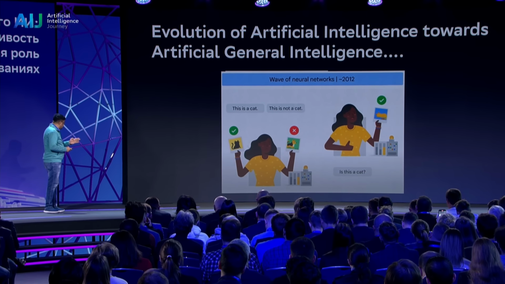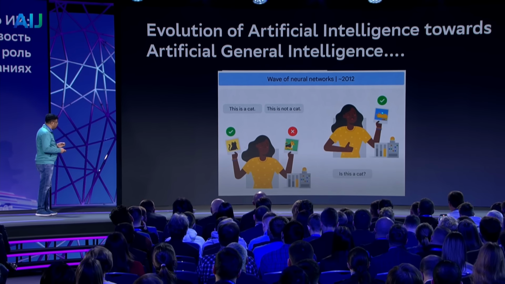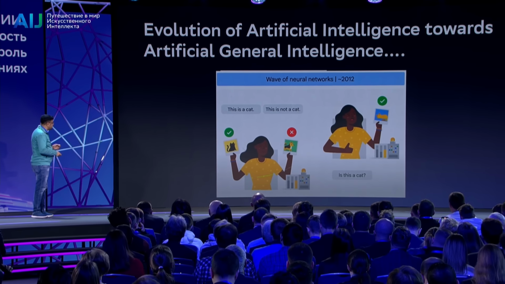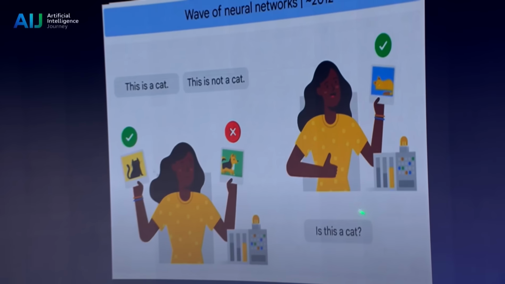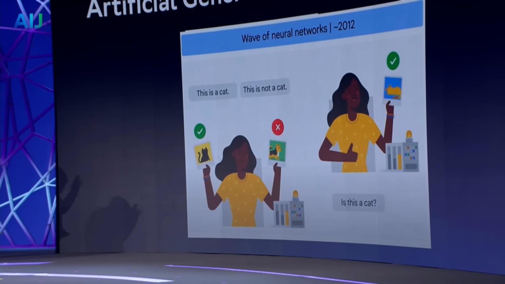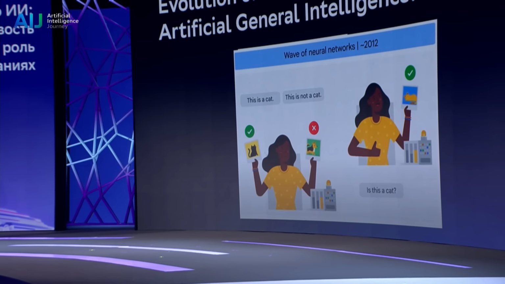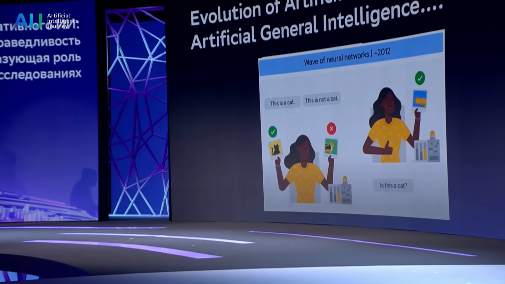Once you show all these photos of 2, 3 categories of animals, now you show it a new photo which was not in your example set, and ask, what is it? It should say it is a cat. This is the wave of neural networks, starting from 2012 with the publication of a great paper on ImageNet classification.